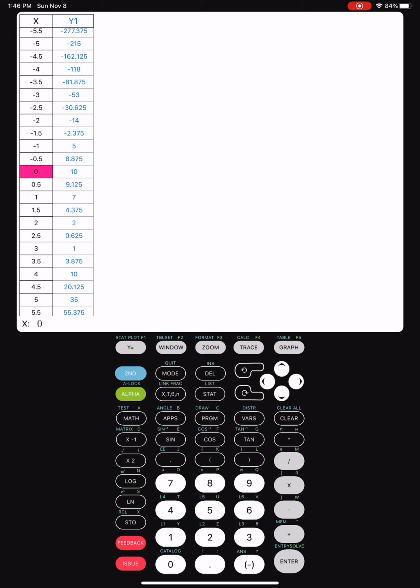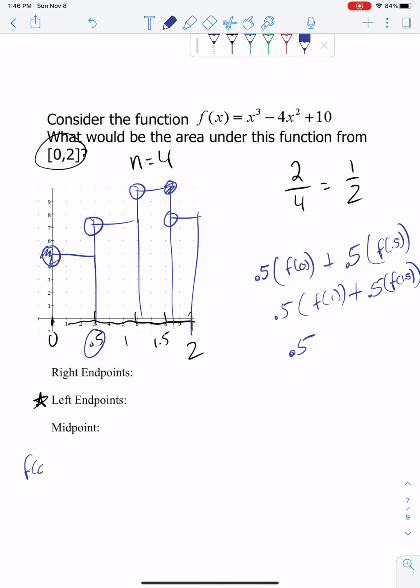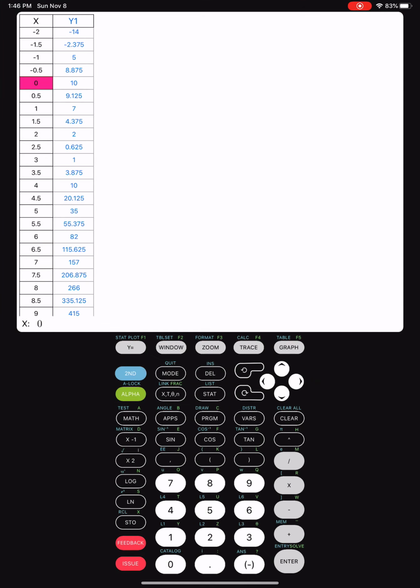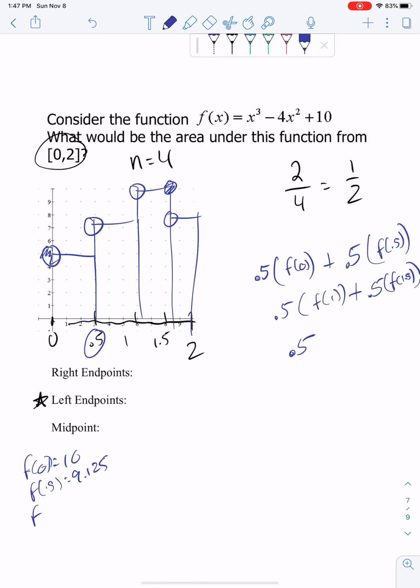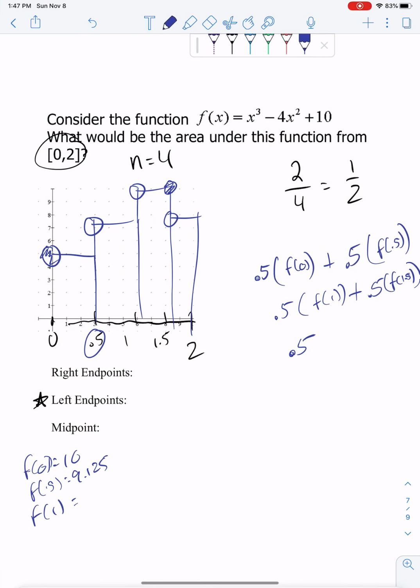I don't know why this version doesn't let me do it, but the ones I'm interested in: when x is 0, my height is 10. So f of 0 is equal to 10. f of 0.5 is 9.125. f of 1 is equal to 7. f of 1.5 is equal to 4.375, I think.